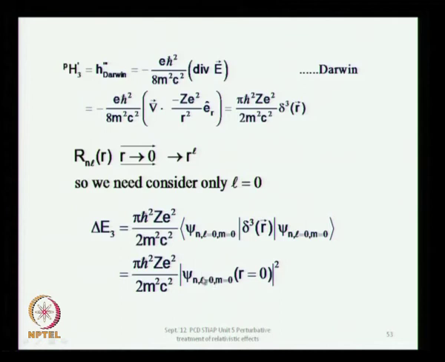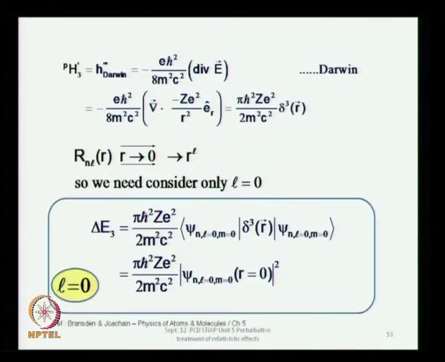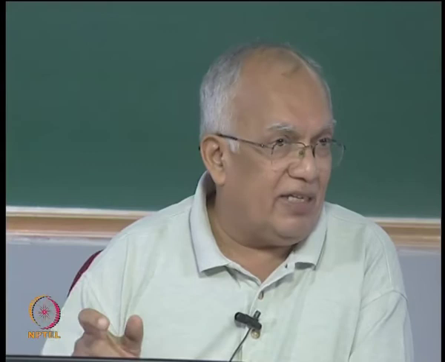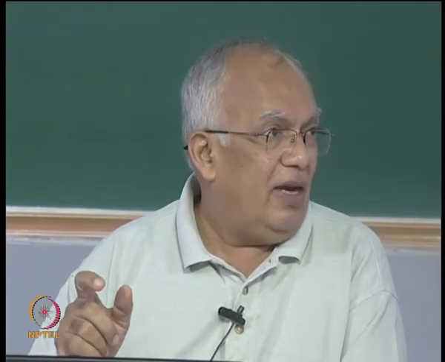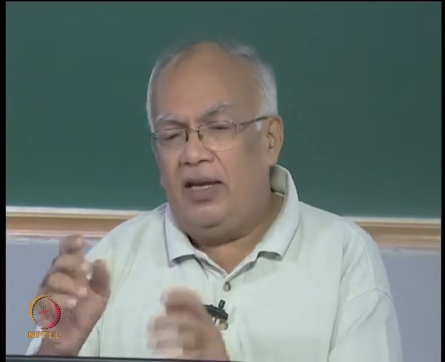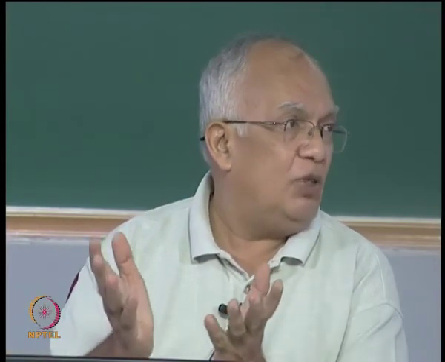This will be important only for L equal to 0 states. For L not equal to 0, it is not of any significance at all. One can certainly make further corrections, because you can take into account the nuclear finite size effect. If you take the finite size effect, then the nucleus has a little bit of expanse, no matter how small it is.